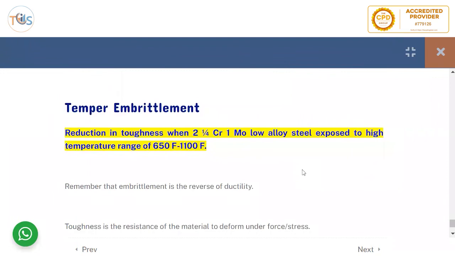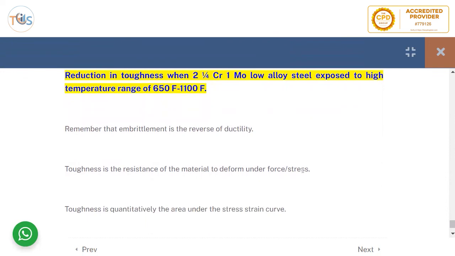And temper embrittlement is a reduction in toughness at high temperatures, 650 to 1100, and the most susceptible material is 2.25 chrome 1 moly low alloy steel, which shows a sudden drop in toughness and fails.